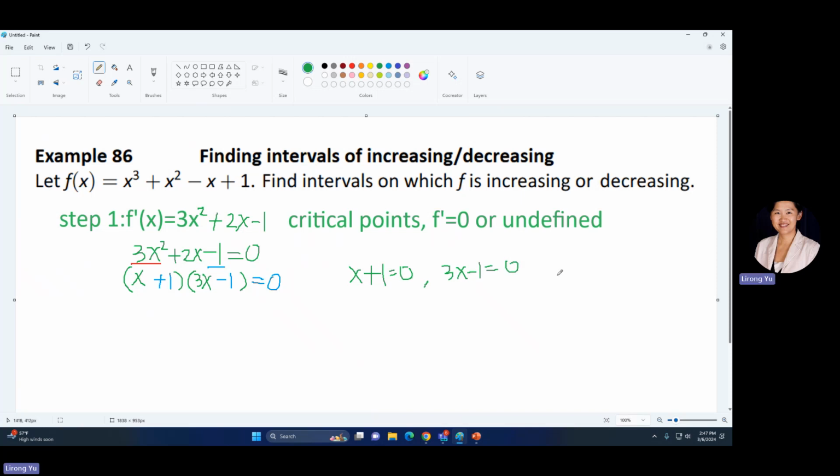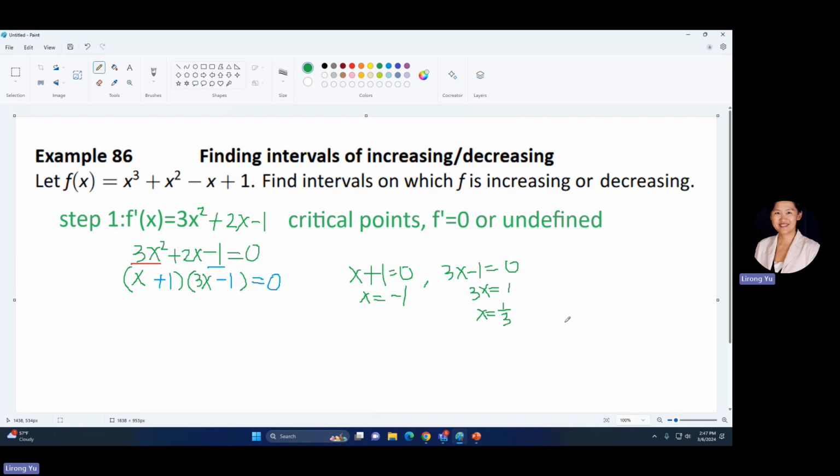So we're able to separate the big equation into two smaller equations, and the smaller equations have lower degree, so they're easier to solve. This gives you x equal to negative 1, since negative 1 plus 1 equals 0. This one gives you 3x equal to 1, move the 1 over to the right, and then x equal to 1/3. So we find two numbers. Any questions?